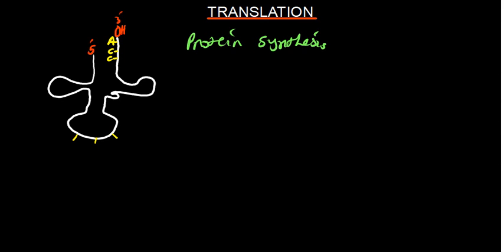So protein synthesis, that is what we call translation. When you talk of translation, this is just the process by which proteins are produced from the mRNA sequences. And we know that these proteins are made up of amino acids.